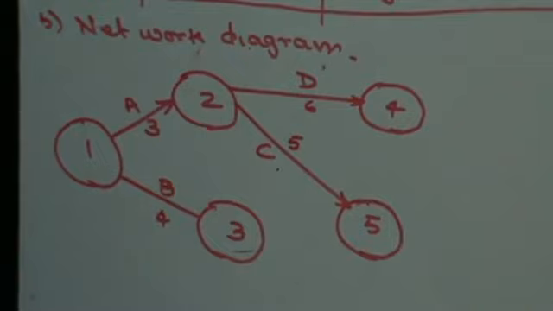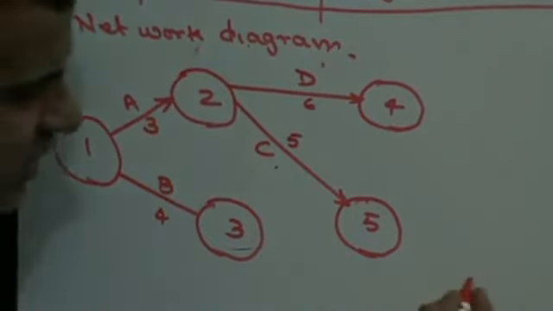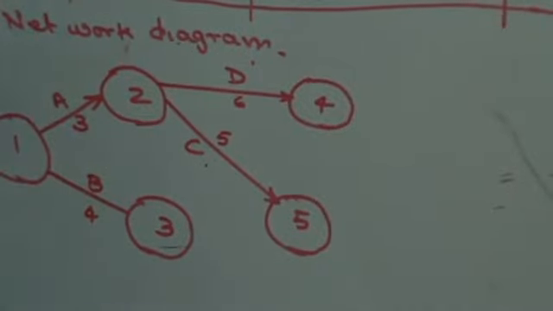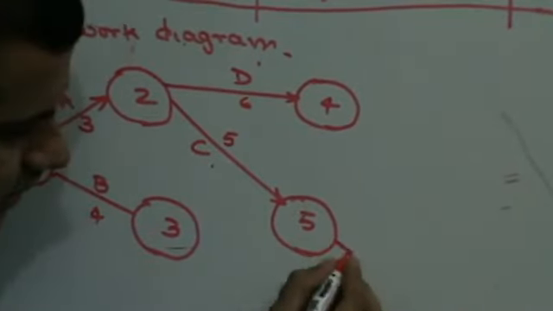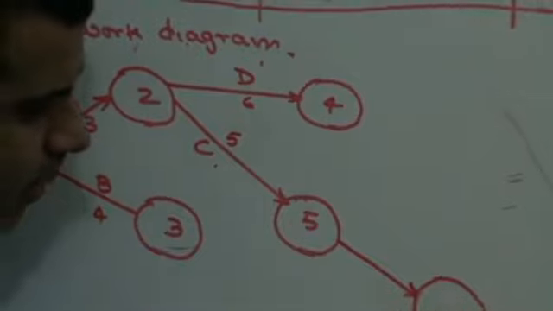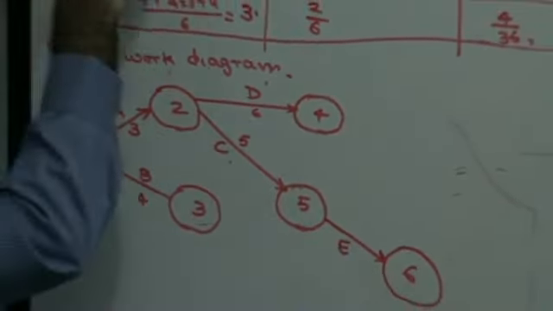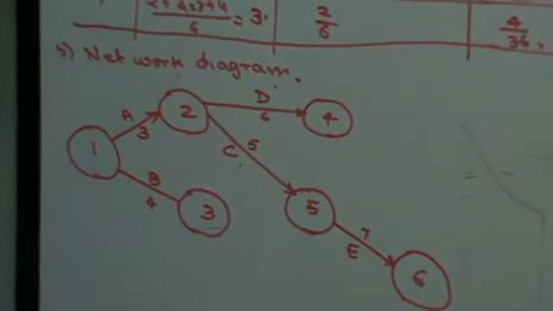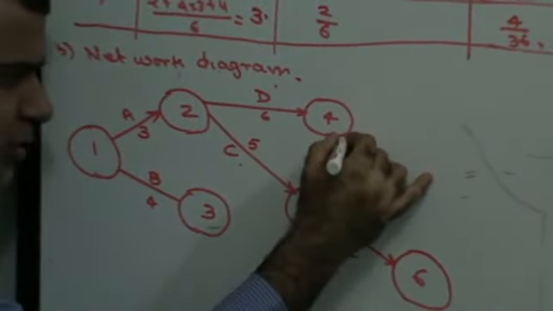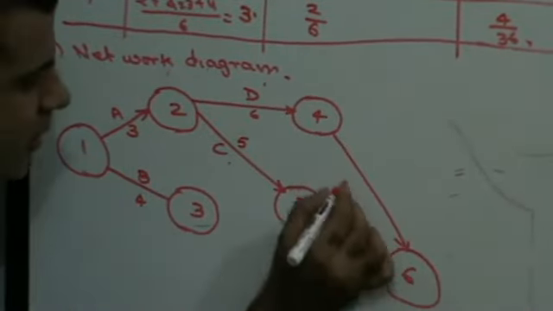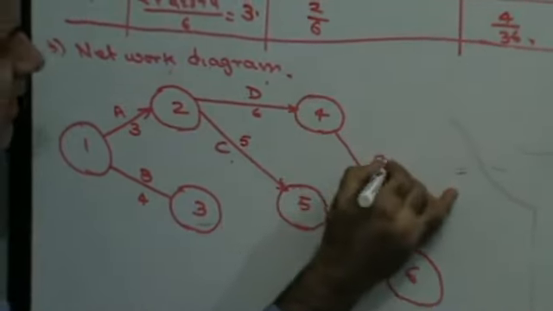Then you have 4 goes to 6. Now before that we did 2 goes to 4. Then you have 5 goes to 6, we will call this activity E, which is 7 weeks. Then you have 4 goes to 6, we will call this activity F, which is 8.